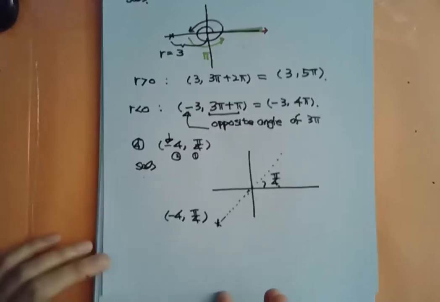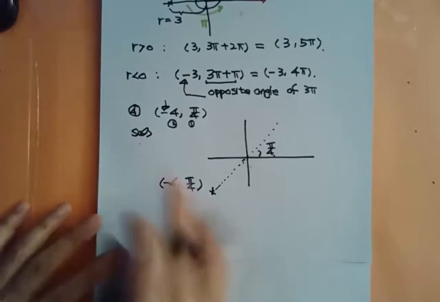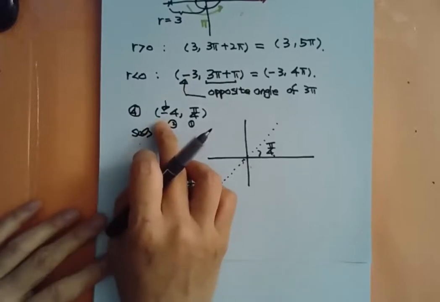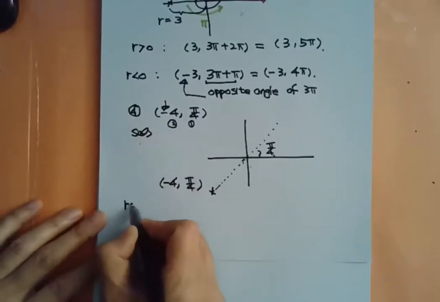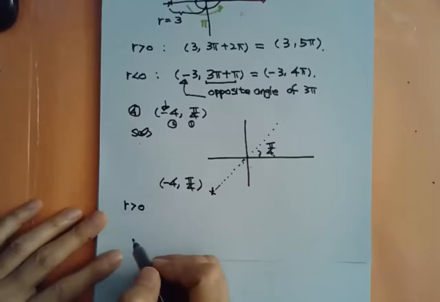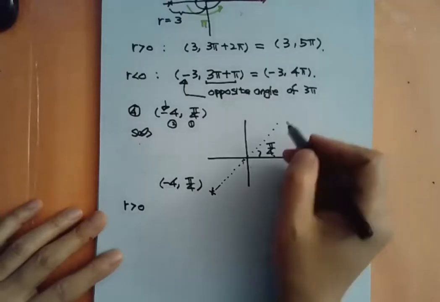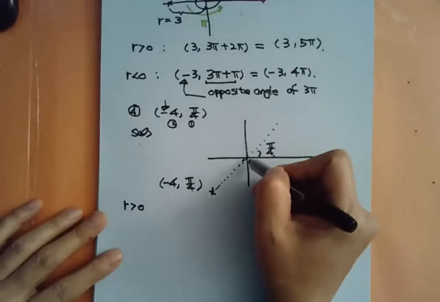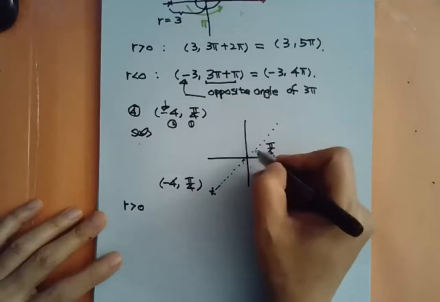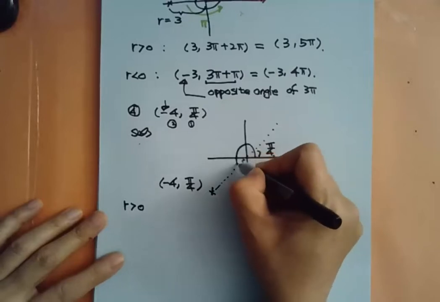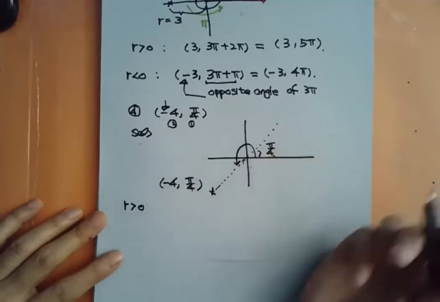So this is kind of flipping the problem, because this time the distance is given as minus. So let's say r is greater than 0. Then instead of going from pi/4 to the other direction, we have to go from the angle itself, right?